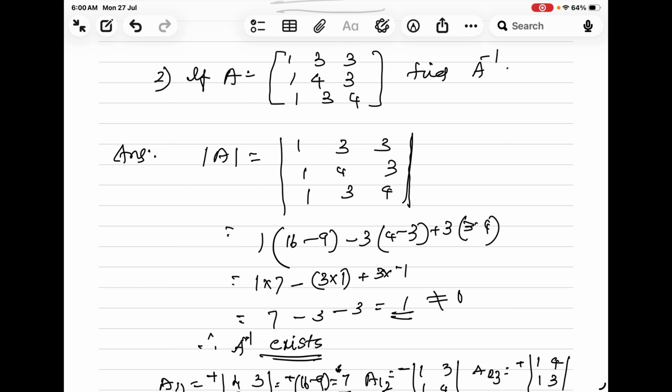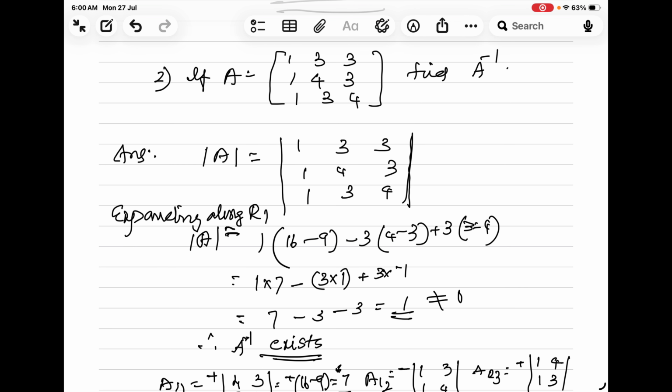Expanding along R1, determinant A is equal to 1 into, we know that to find the determinant value, delete the elements of the column and row in which 1 lies. Then 4, 3, 3, 4. Then 4 into 4, 16 minus 9, minus 3 into 4 minus 3, and 3 into 3 minus 4.